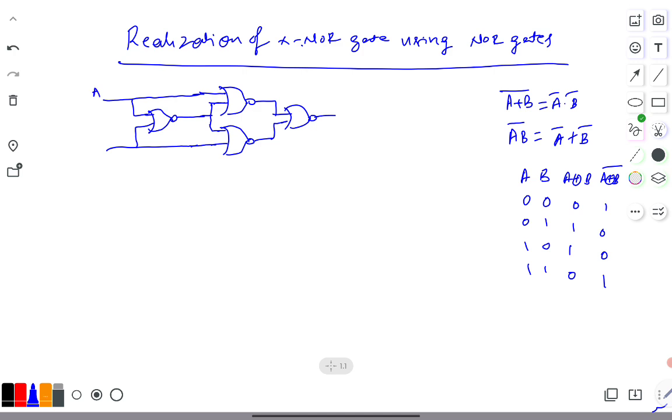This is A input, this is B. I will take the gate outputs as Y1, Y2, Y3, and this is your Y4.